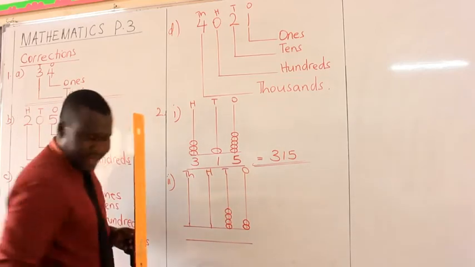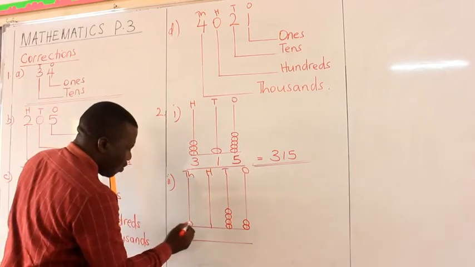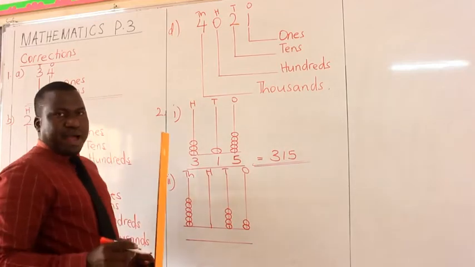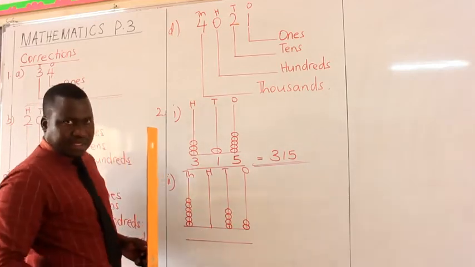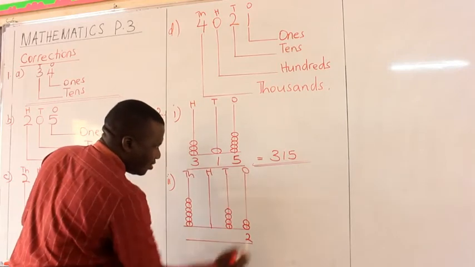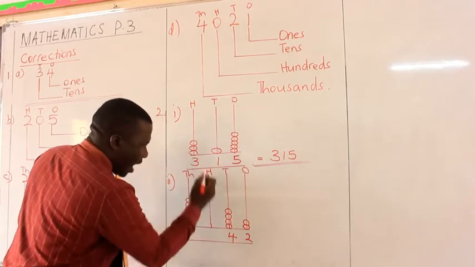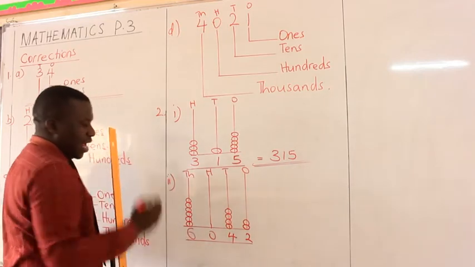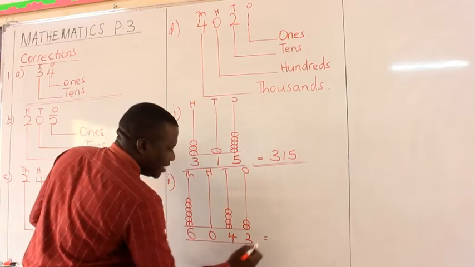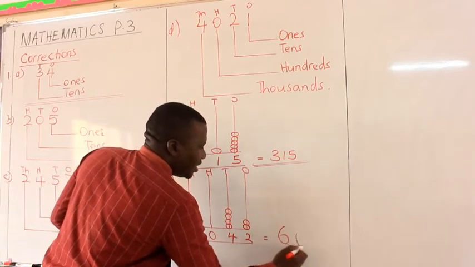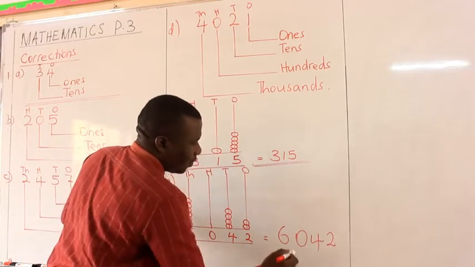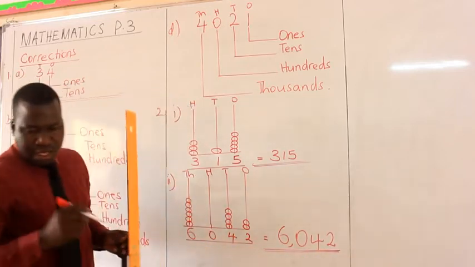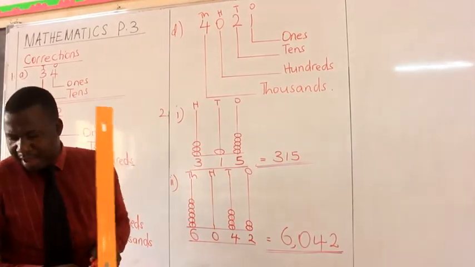And here they drew 6. So the number is 2 under ones, 4 under tens, nothing under hundreds, and 6 under thousands. The number shown on the abacus is 6,042.